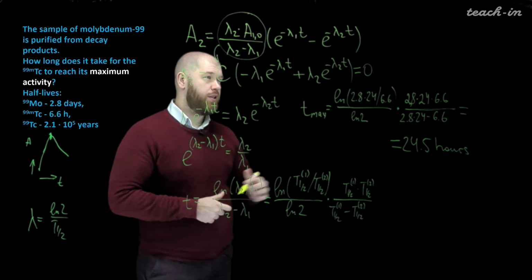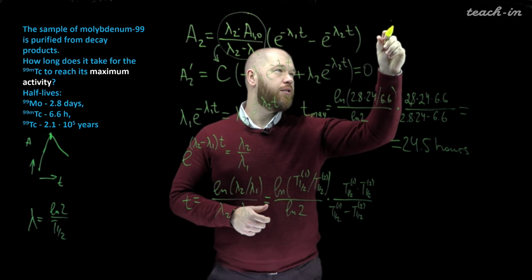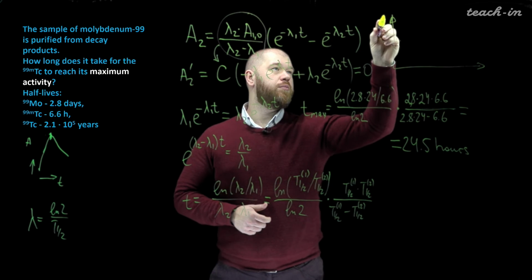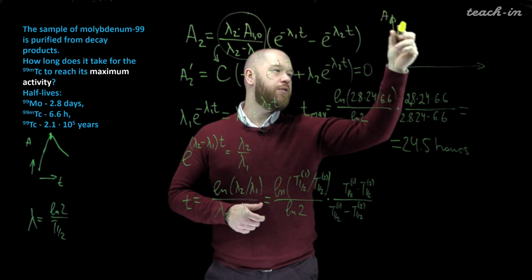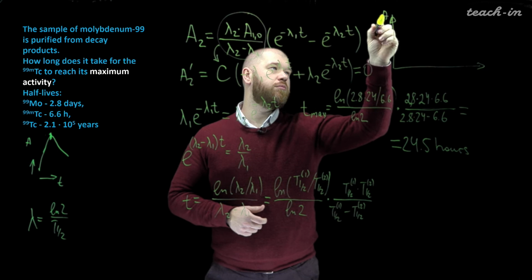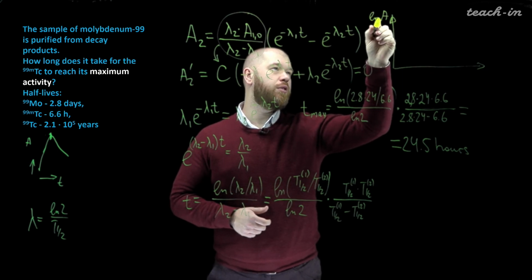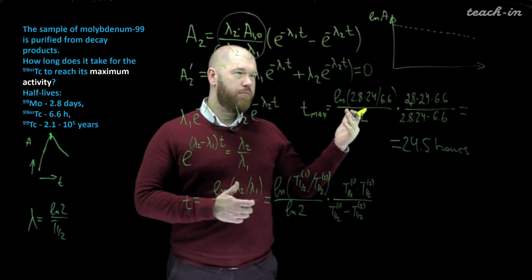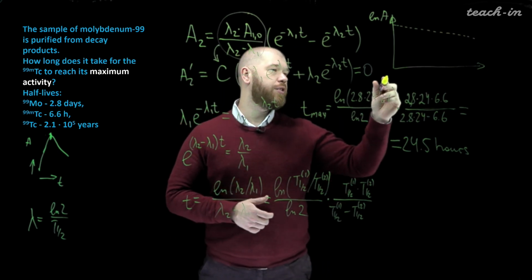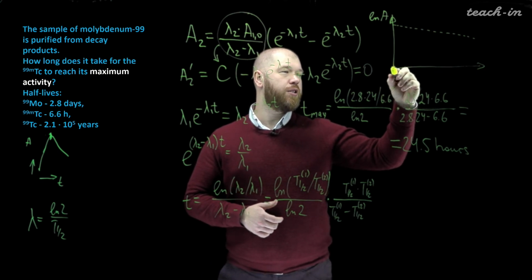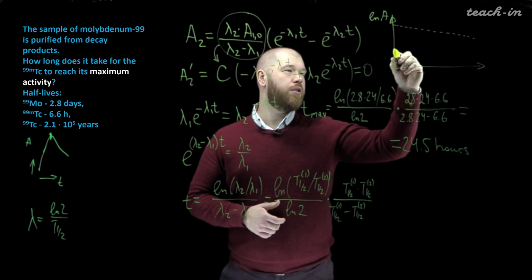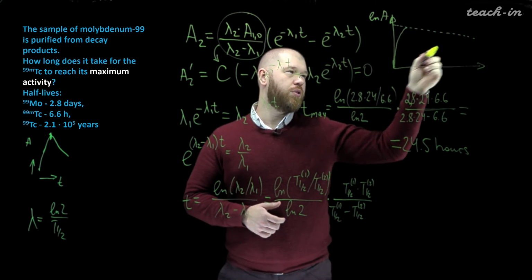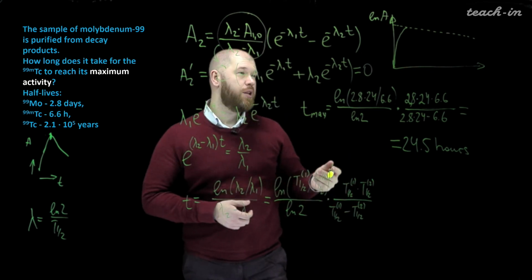And again, just to remind you that in this case, the activity of molybdenum will decrease with time due to the main law of radioactive decay, and the activity of technetium will grow to some maximum value, and then will go down due to the decay of the mother radionuclide.